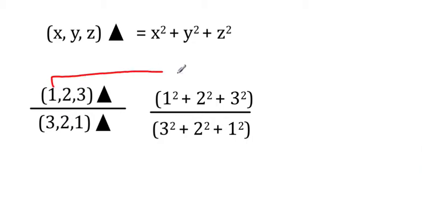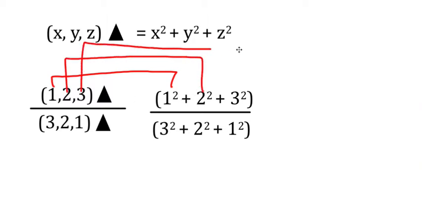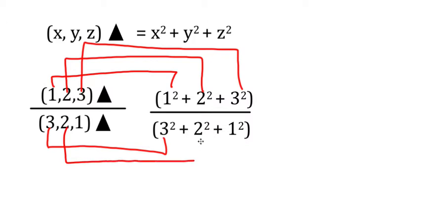This is an x, it goes in the front, 1 squared. This is a y, it goes second, 2 squared. This is a z, it goes in the third place, 3 squared. Same thing on the bottom. This is an x, it goes in the front, 3 squared. 2 is a y, 2 squared. 1 is a z, 1 squared.